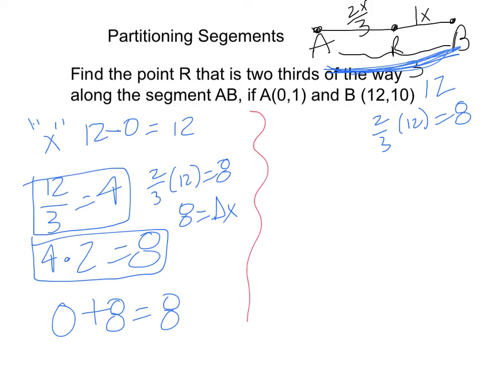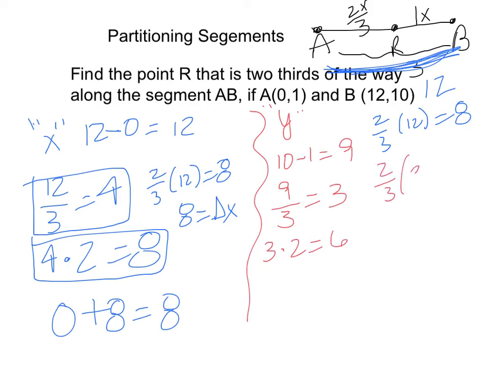Okay, we're going to apply that same strategy to the y's now. So we're going to do the changes in the y's, which is 10 minus 1, which is 9. We're going to take 9 and divide it by 3 to get 3. And we're going to take that 3 and times it by 2 to get 6. If you want to, you could also take 2/3 of 9 and still come up with 6.